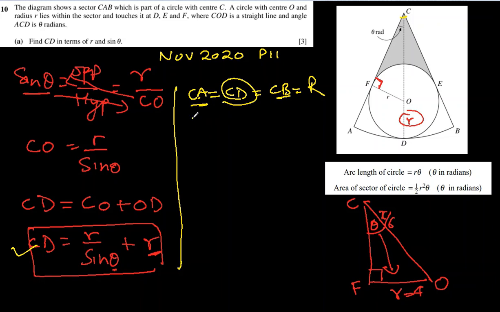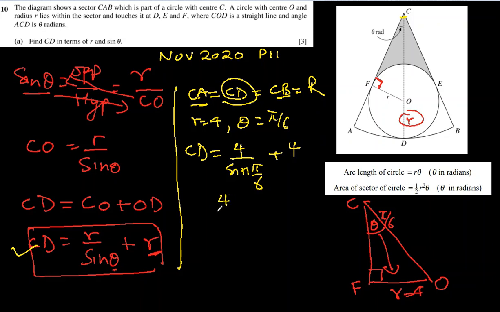So let's put r equal to 4 and theta equal to pi by 6 in this. And what is CD then? CD becomes 4 over sine pi by 6 plus 4. Okay, 4 divided by half, 0.5 rather, plus 4, which is 8 plus 4 equals 12 centimeters. So CA, CB both are 12 centimeters.